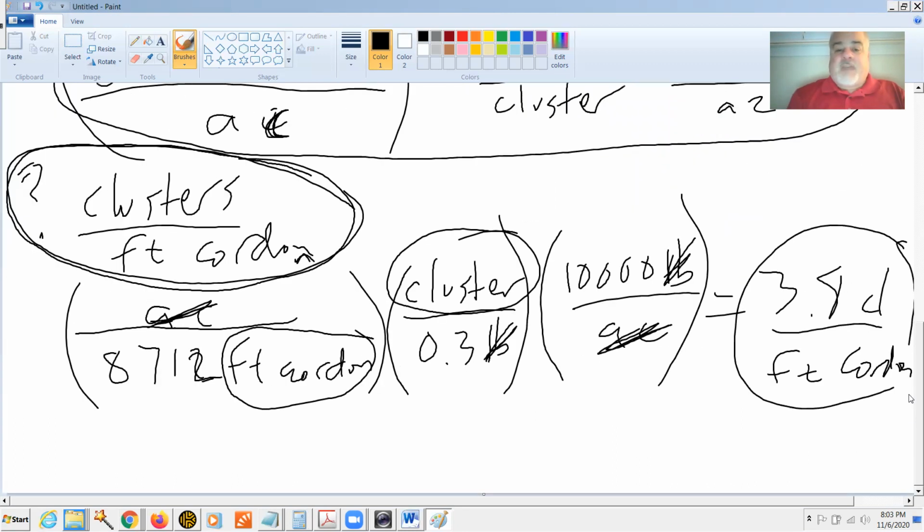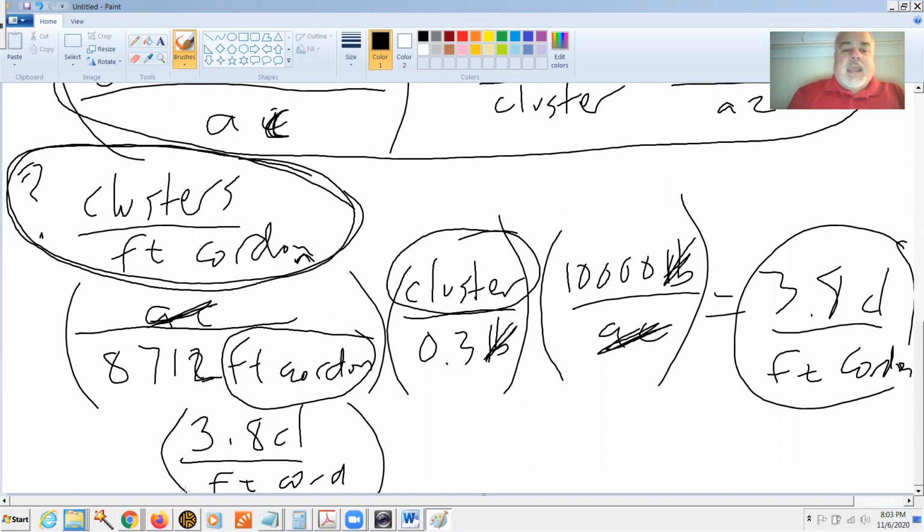All right. If I know that I have 3.8 clusters per foot of cordon, and I know that I have 1.6 clusters. Oops. I'm writing this wrong because I'm running out of space. I have 1.6 clusters for each bud.